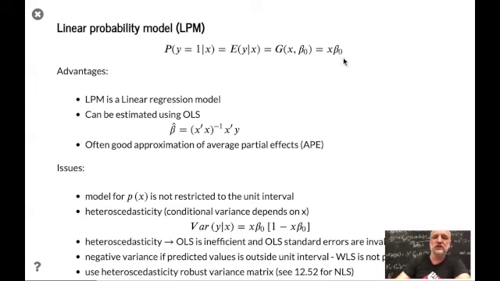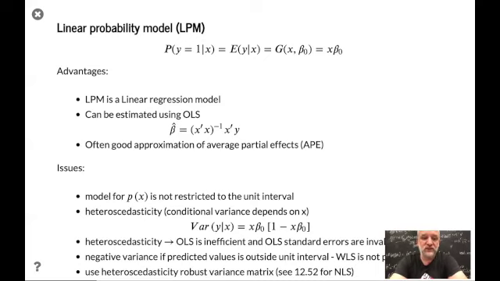You can immediately see it here: if, for instance, beta is positive and you let x increase, eventually x times beta is going to be bigger than 1 if you're doing counterfactual predictions, and sometimes it's even the case within the sample. We'll see examples of that later.